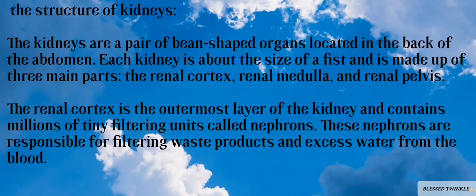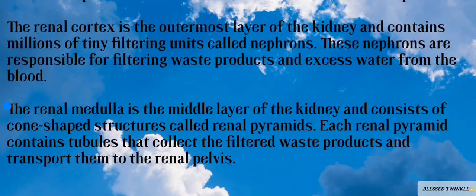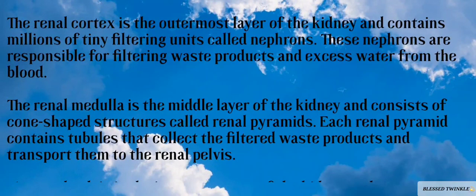First of all, we have the renal cortex. It is the outermost layer of the kidney and contains millions of tiny filtering units, that is nephrons, and we are going to discuss nephrons in detail later in this video. Then we have the renal medulla, the middle layer of the kidney. It consists of cone-shaped structures called renal pyramids. Each renal pyramid contains tubules that collect the filtrate waste products and transport them to the renal pelvis.